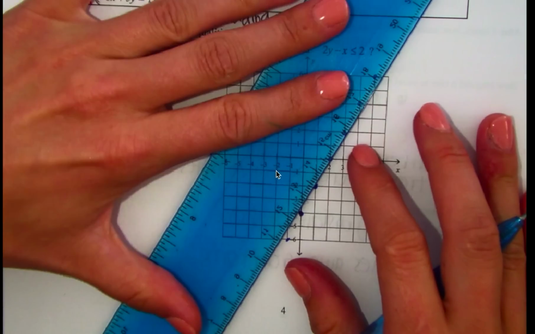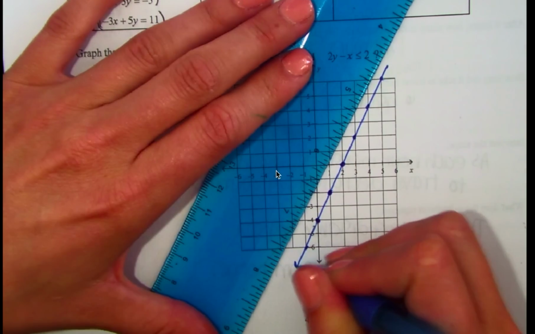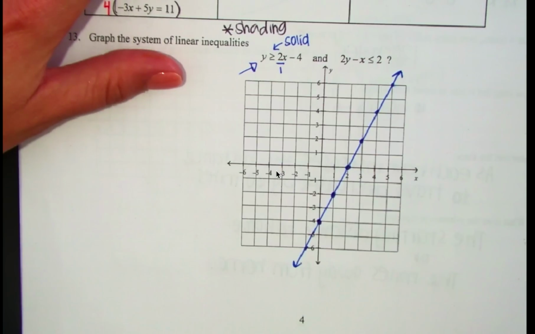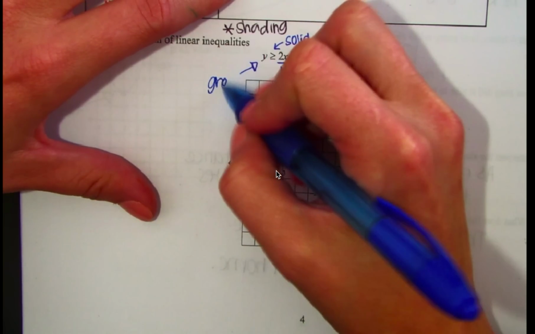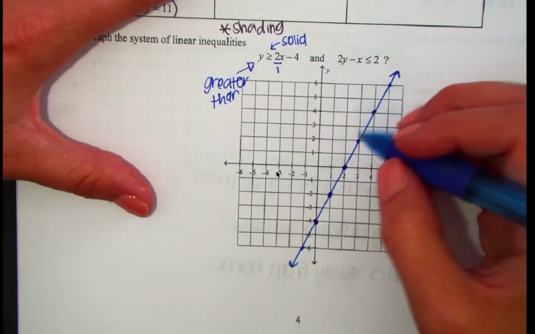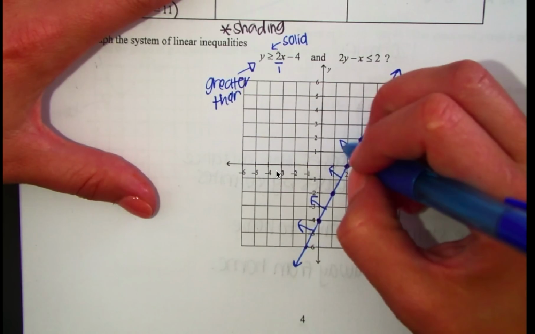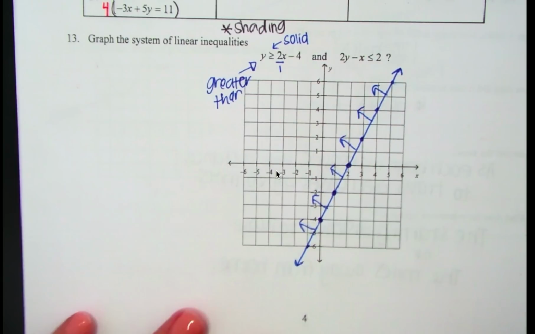So through these points, there's my solid line. And then this says greater than. That inequality says greater than, so I'm going to shade greater than this line. I'm going to shade above it, so I'm going to draw some arrows for my shading.